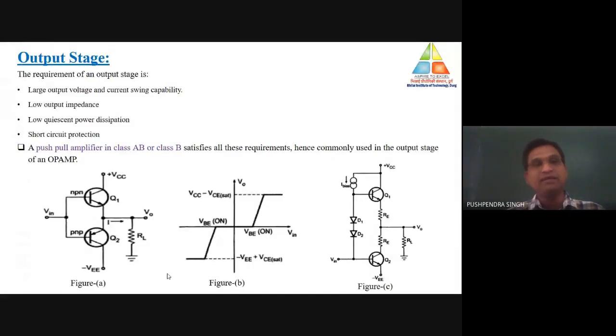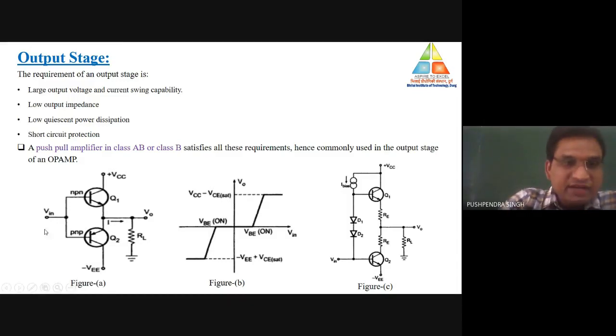These are the requirements of the output stage. And these requirements are satisfied either with the help of a class AB amplifier or a class B amplifier. That's why commonly in an operational amplifier, we are using a push-pull amplifier for designing the output stage.